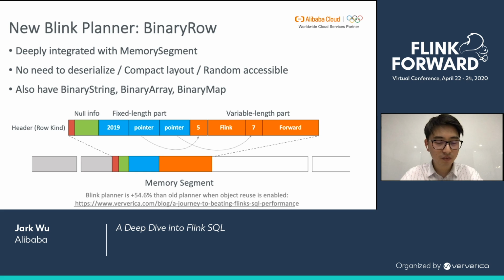There is a very nice blog published on the Fabrica website, which ran a lot of benchmarks and explained in detail why serialization and deserialization is the point that makes Flink Planner more than 50% faster than the old planner. I put this blog link at the bottom of this page. If you are interested, you can read it after the talk.